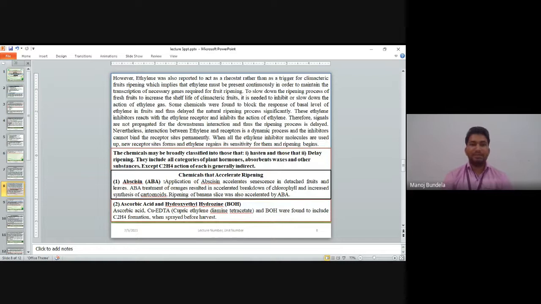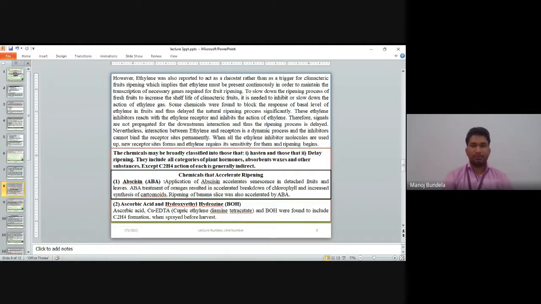However, ethylene was also reported to act as a rheostat rather than a trigger for climacteric fruit ripening, which implies ethylene must be present continuously in order to maintain the transcription of necessary genes required for fruit ripening. To slow down the ripening process of fresh fruits and increase the shelf life of climacteric fruits, it is needed to inhibit or slow down the action of ethylene gas.